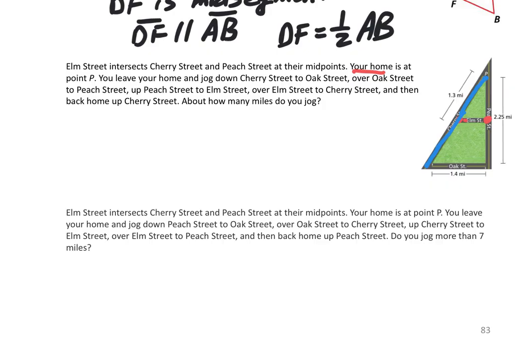We're going to go over Oak Street to Peach Street. We're going to go up Peach Street to Elm Street. We're going to go Elm back to Cherry. And then back up Cherry to home.